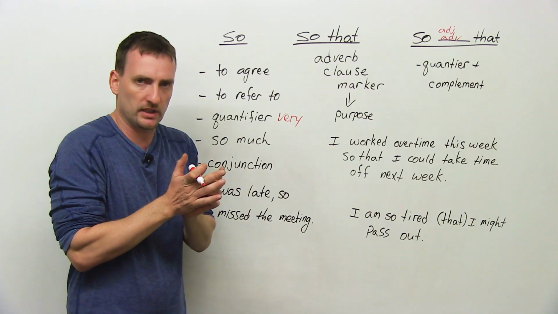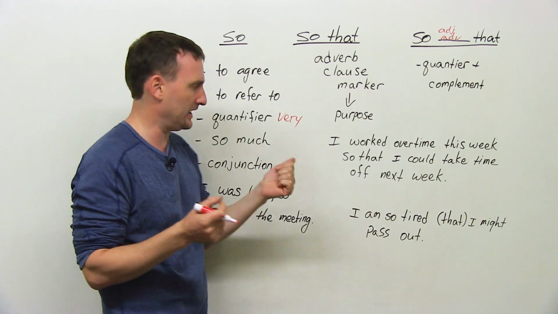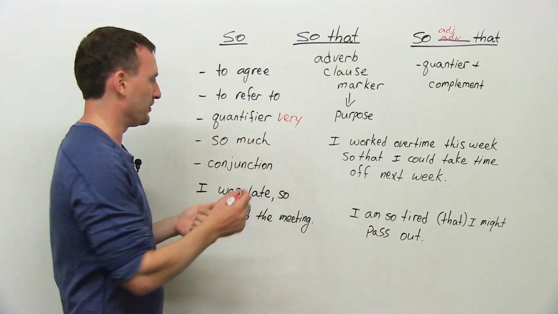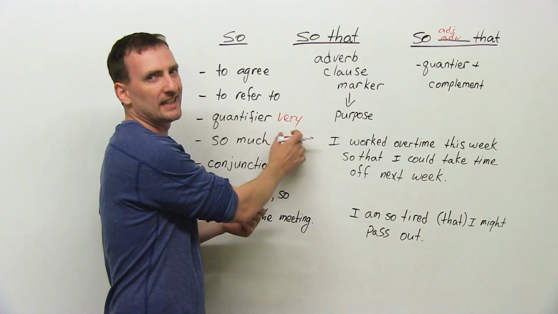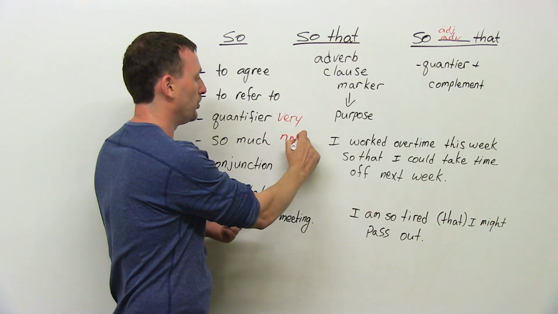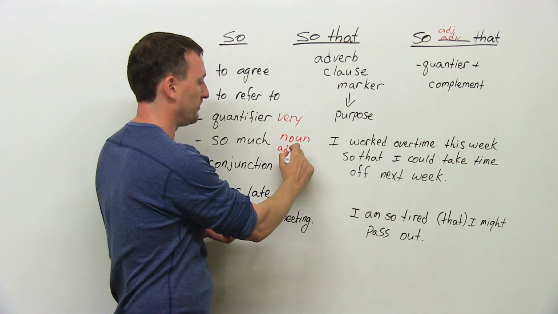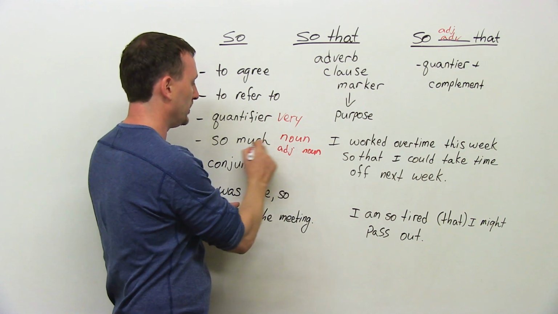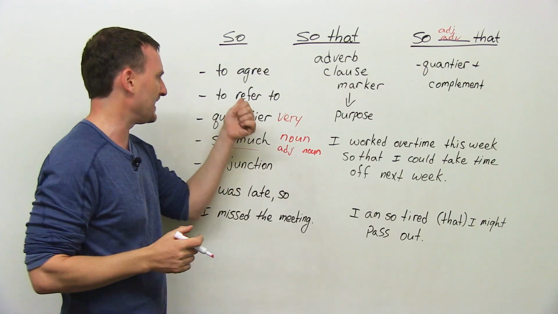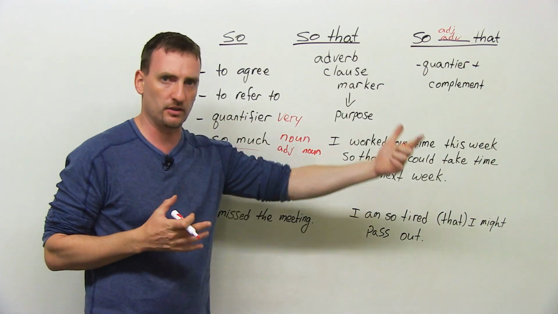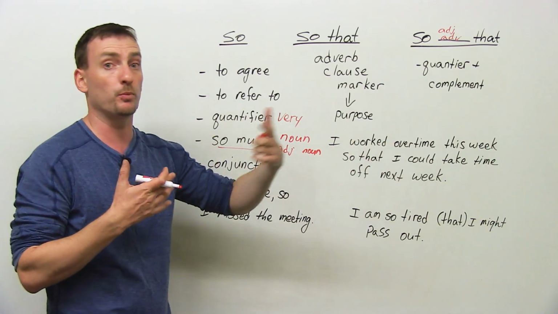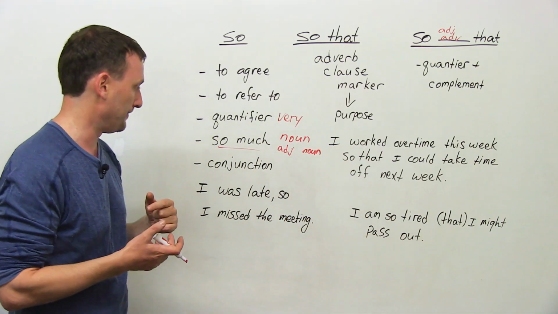"So few" means a few. Very little, right? So this is basically used like an adverb. We can use it "so much" or "so many" noun. We can say "so much," "so many" adjective and noun. So we use this as an adverb. And again, it's like a quantifier. I'm just giving you more quantity or less quantity, or more degree or less degree.